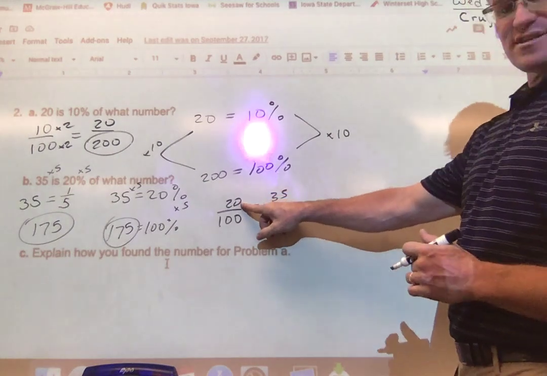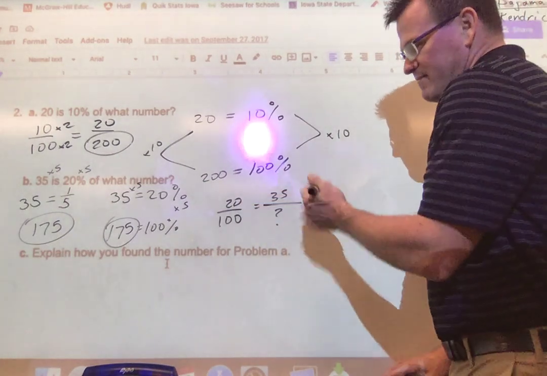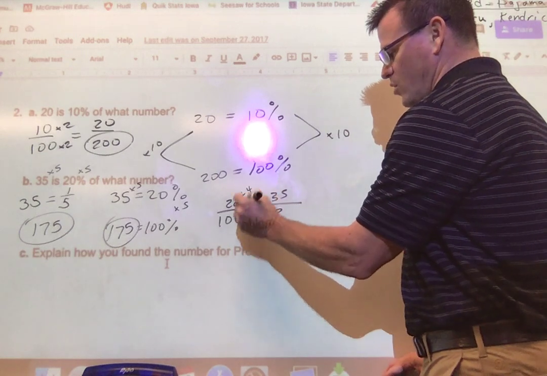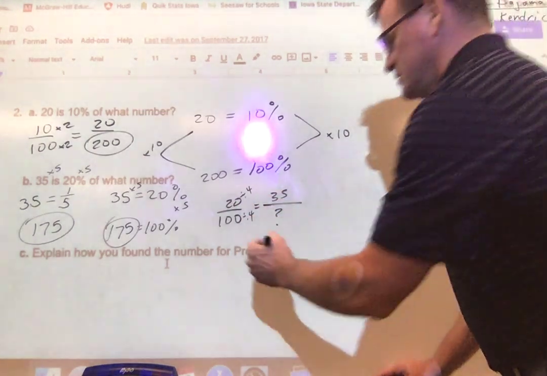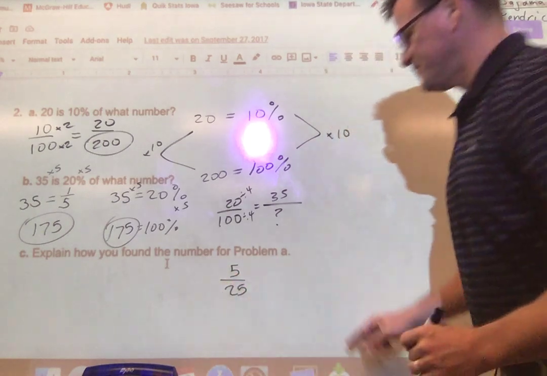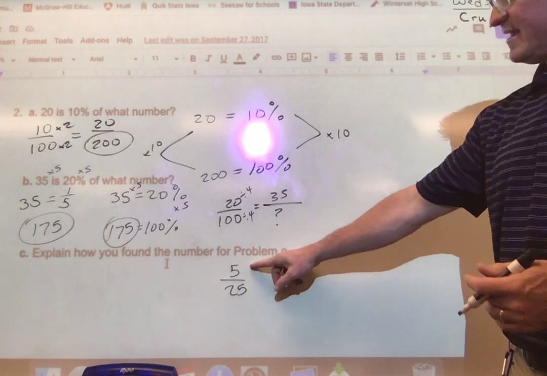So I got to change this maybe to a number that can get to 35 a little easier. So my brain, I see I can divide both of these. A common factor is 4. Because if I divide both these by 4, it's going to change. I'll move it down here to 5/25, not in simplest form, but in a lower form.